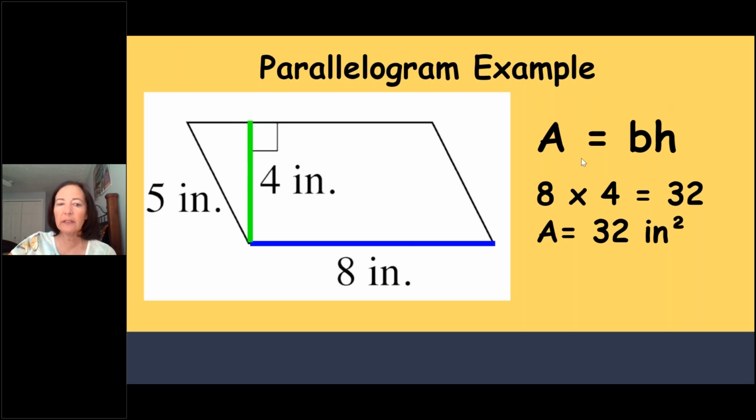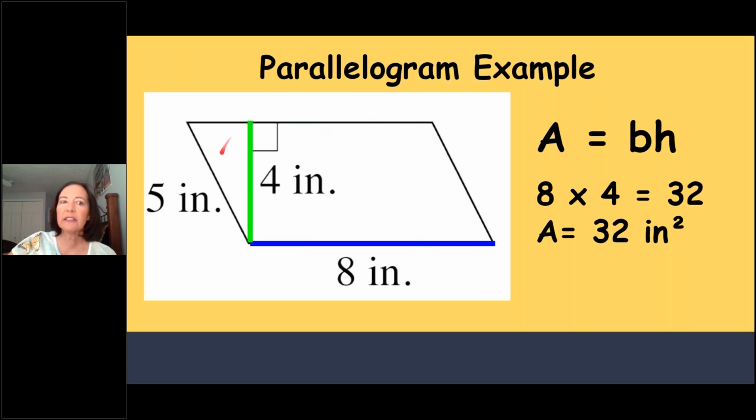When it's perimeter, we would be measuring the distance around. So it would have been 8 plus 8, and then you're right, we would have used this 5 plus 5 more. But that's perimeter. That was that very first slide that I showed you. Perimeter is the distance around the shape.